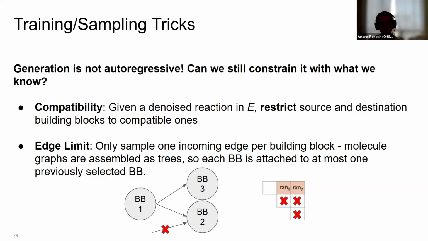And if something was picked after building block 2, it would have an outgoing edge to that building block. So with these extra assumptions, knowing that each building block is attached to at most one previously selected building block and trying to constrain to chemical compatibility, we can make molecular validity a lot easier and not force the model to learn things that we already know.